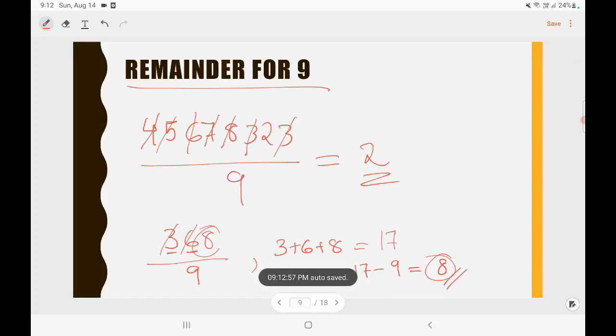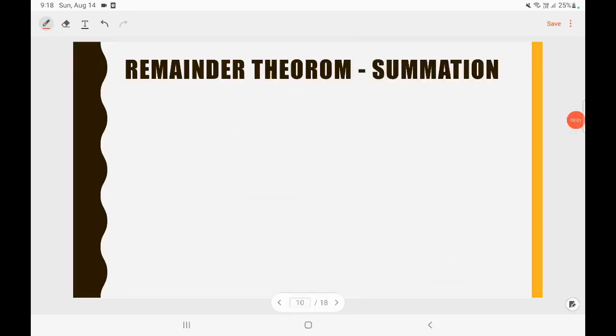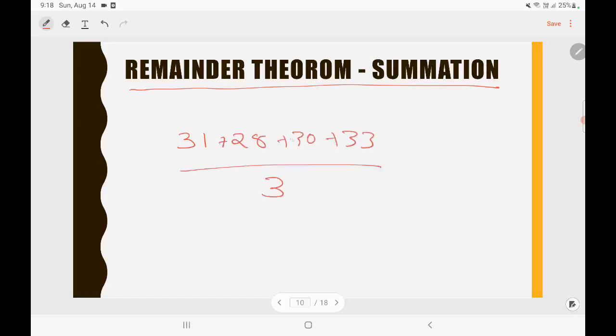Now we will be moving on to the remainder theorem when we are doing summations, multiplications, combinations of sum and multiplications, etc. So now we will learn about the remainder theorem during summation. Okay, so let's say we have a question like what is the remainder when 31 plus 28 plus 30 plus 33 is divided by 3. So in this case, you need to calculate the remainder separately and then add.